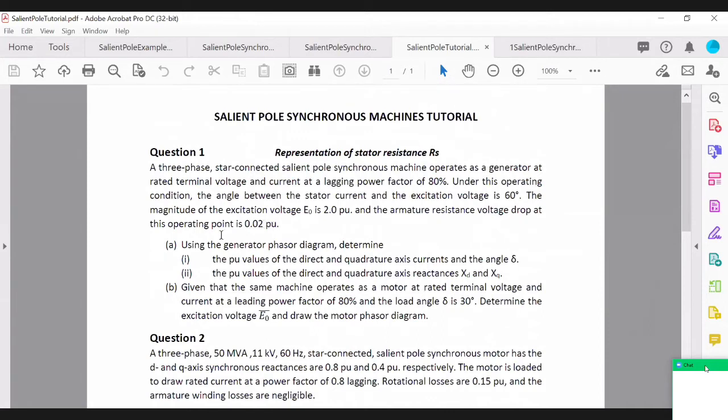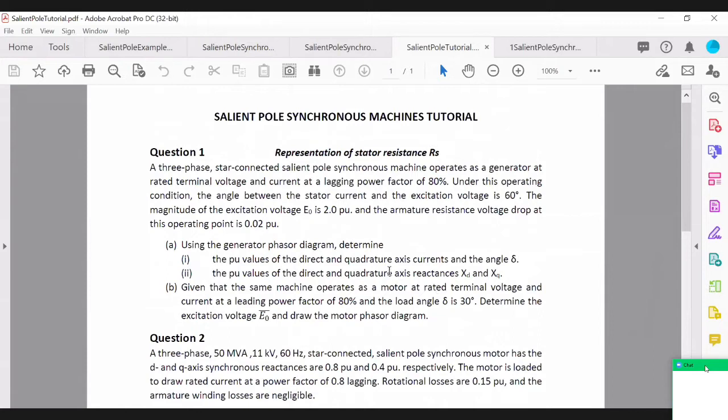Using the phasor diagram here, we will determine the currents, which are ID and IQ, first, and the angle delta. And from there, we will determine the direct axis and quadrature axis reactances, which are XD and XQ in per unit. Normally these values are given to us in the question, but here they've given us the voltage drops, and we have to work out the reactances.